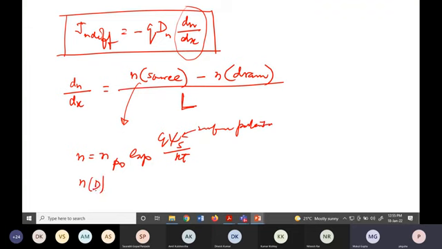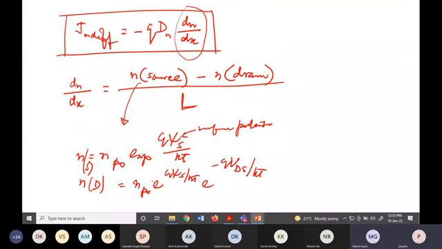The drain side, you have applied some voltage, right? So that is exponential q psi s by kT, multiplied by exponential minus q Vds by kT.